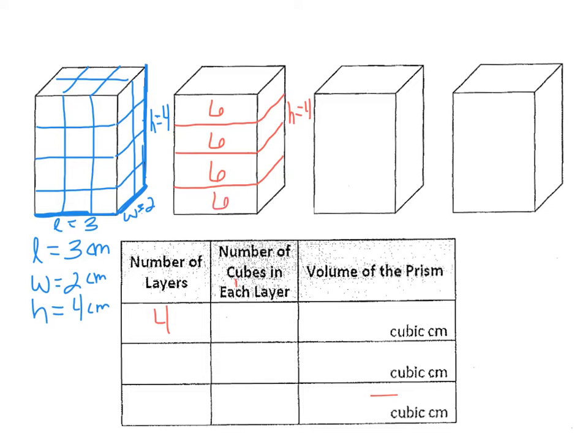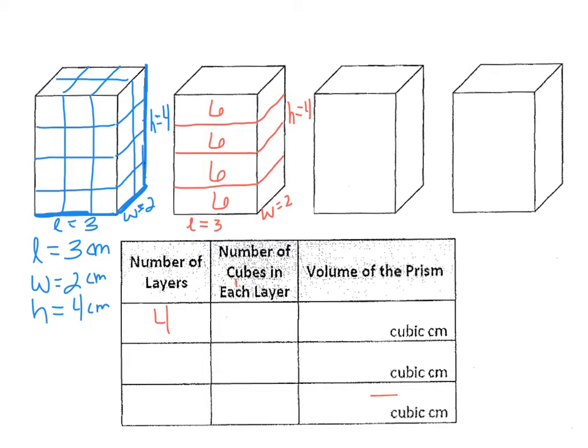Well, where do you think I would have gotten 6? I know my 4 was my height, so what information do you see on my original rectangular prism that would have gotten that each of these layers would be equal to 6? Well, if I did my length of 3 and my width of 2, if I multiply those two, 3 times 2 is 6.